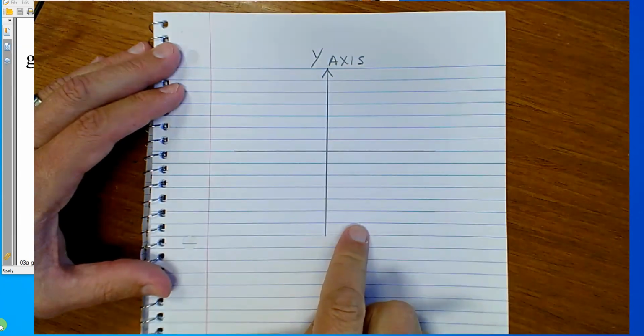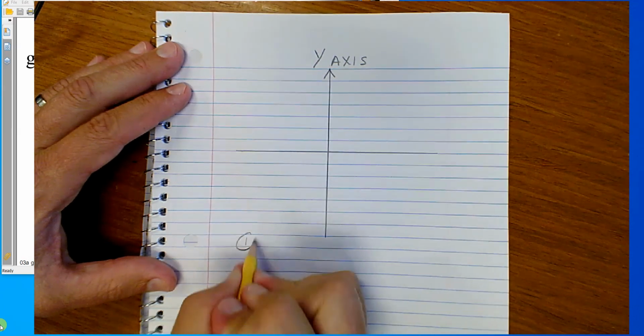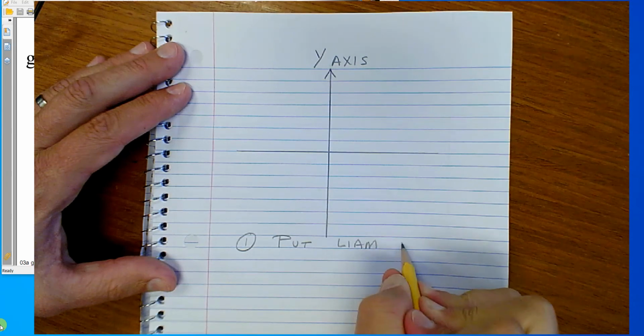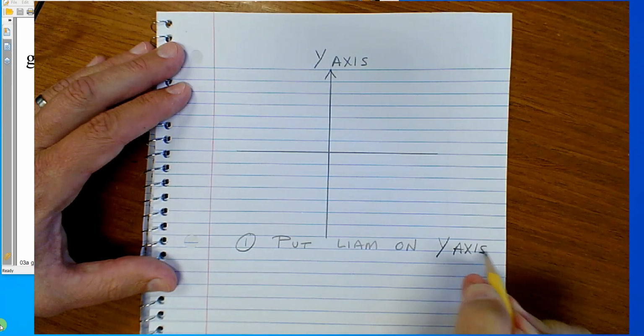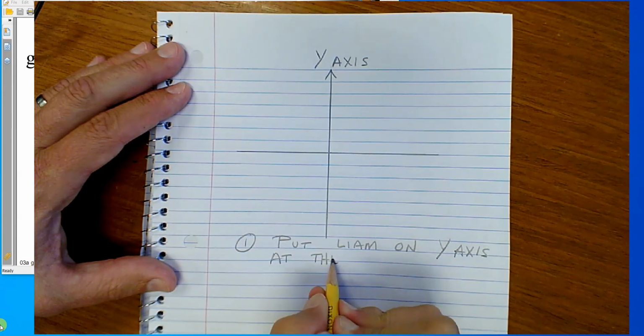Here's the y-axis. So 1, let's go with step 1. Put Liam on the y-axis at the y-intercept.